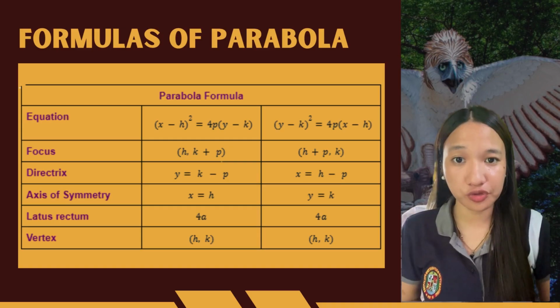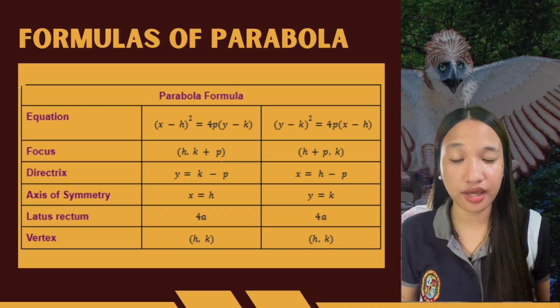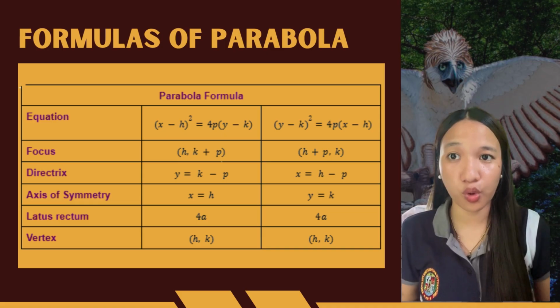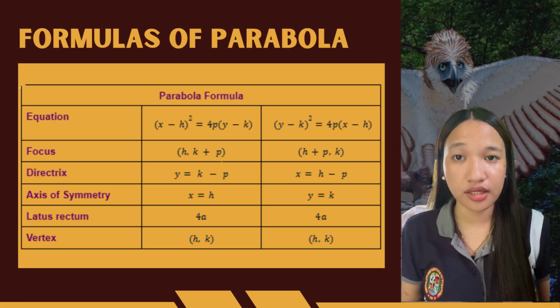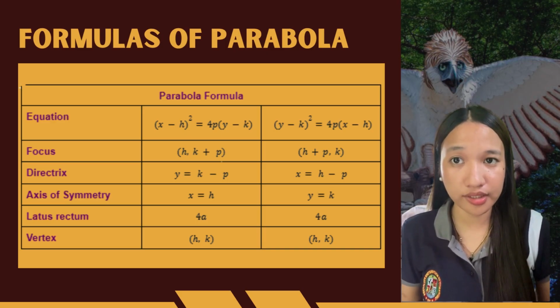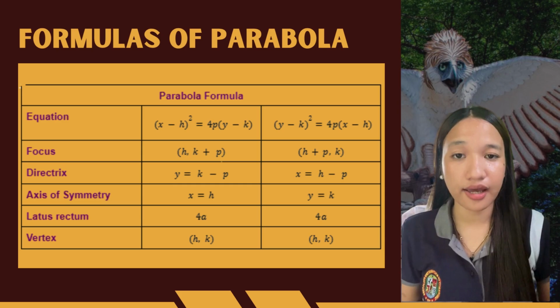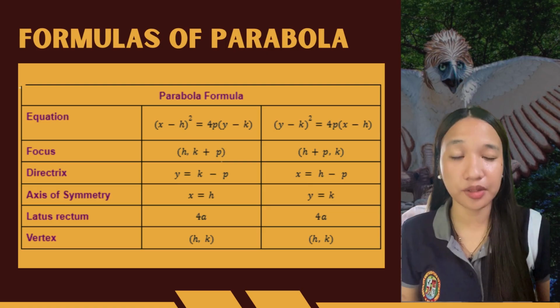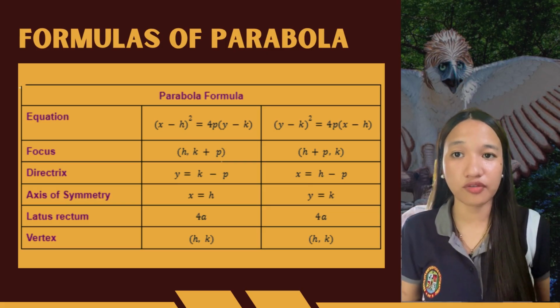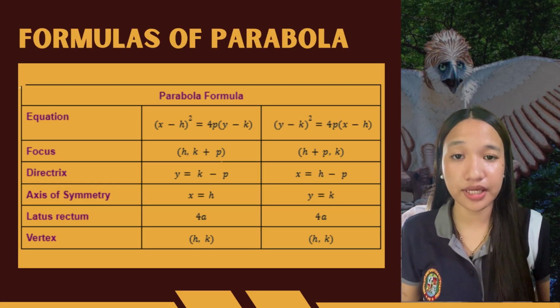The equation for vertical is (x - h)^2 = 4p(y - k), and the equation for horizontal is (y - k)^2 = 4p(x - h). The focus of vertical is (h, k + p), and the focus of horizontal is (h + p, k).